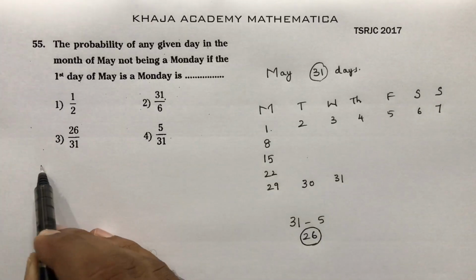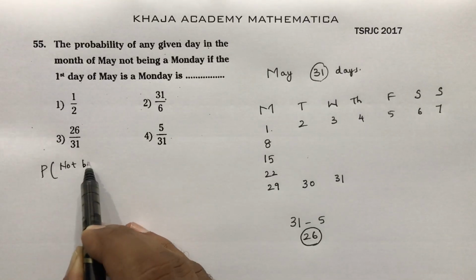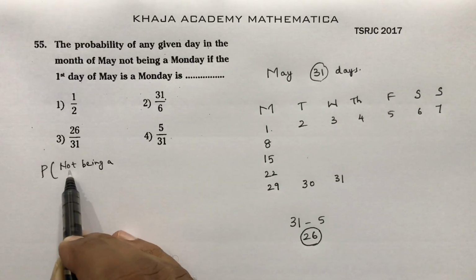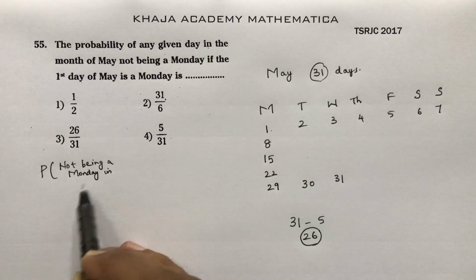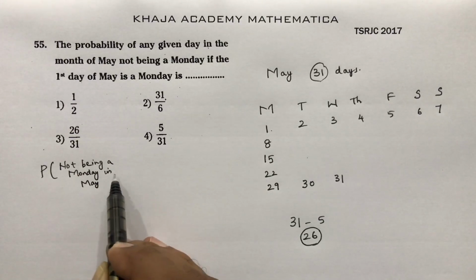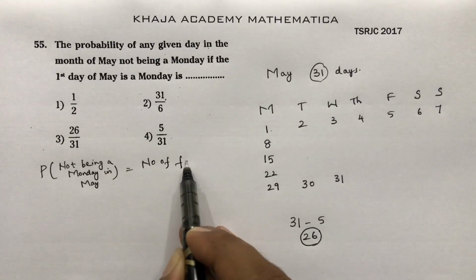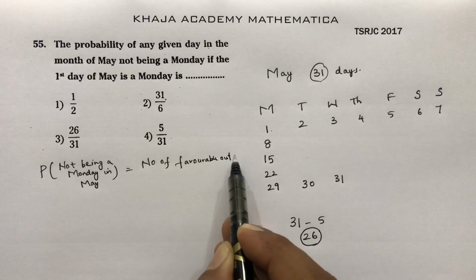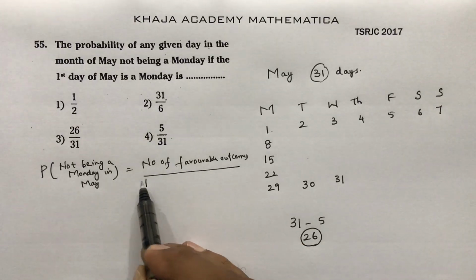So they are asking the probability of not being a Monday in May, or in the given month. So the answer is the number of favorable outcomes by the total number of outcomes.